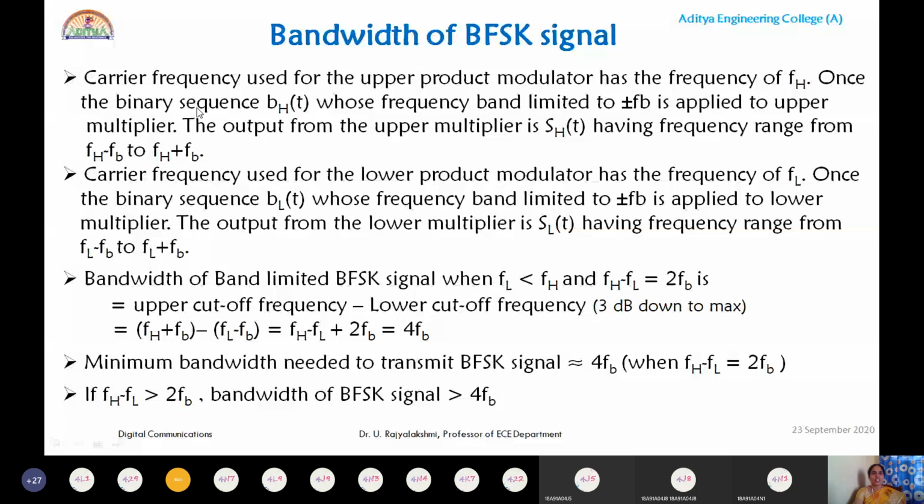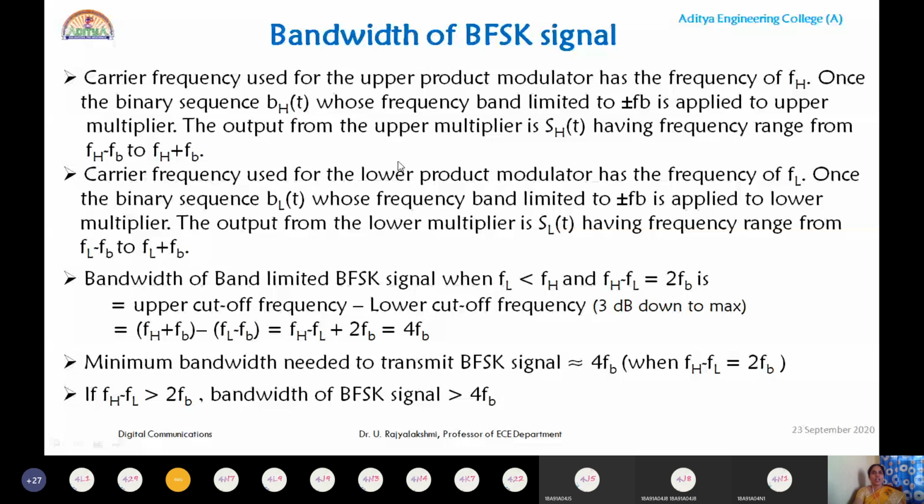Okay, so the first statement is regarding the multiplication of our carrier component FH with BH of T in the upper modulator, and in the second statement I told you the product of BL of T with the FL carrier to generate SL of T from the lower multiplier, so that the frequency range will be from FL minus FB to FL plus FB.